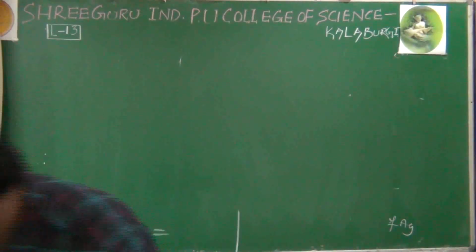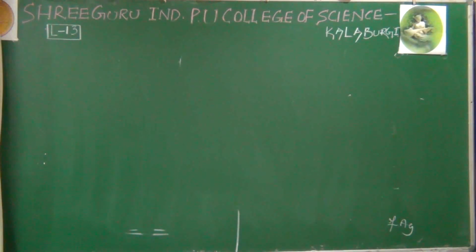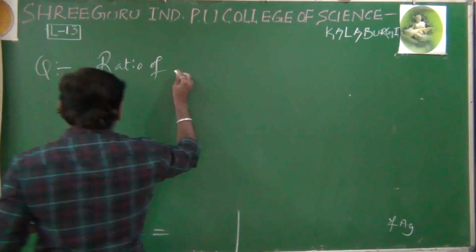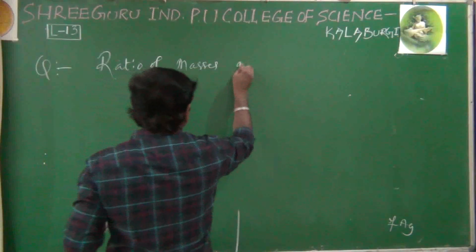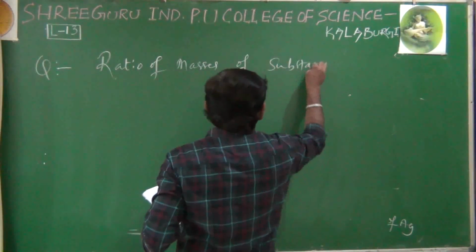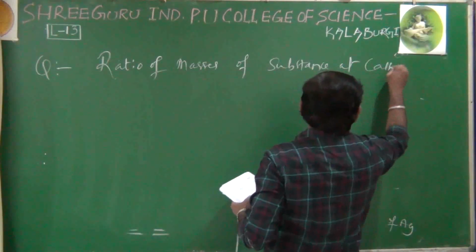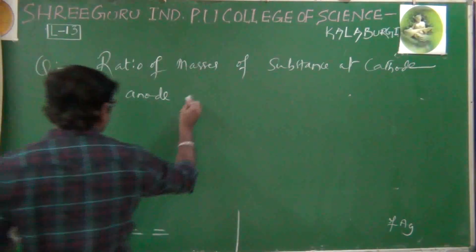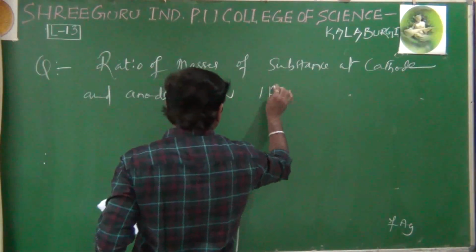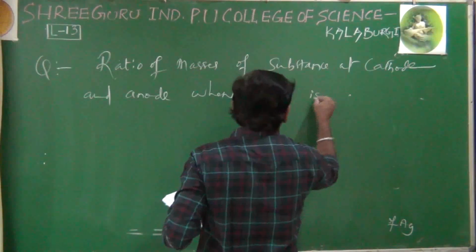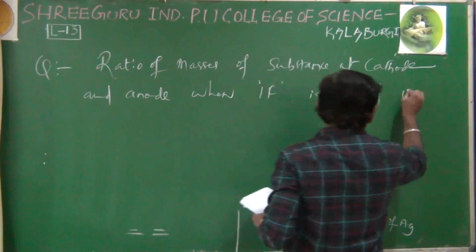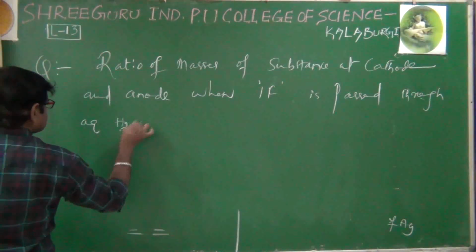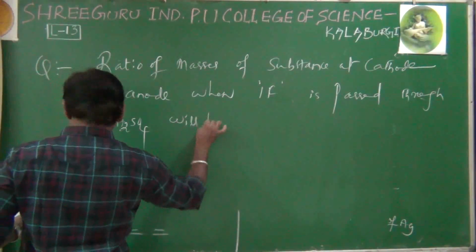Right, next question is: the ratio of masses of substance at cathode and anode when 1 Faraday is passed through aqueous sulfuric acid will be.